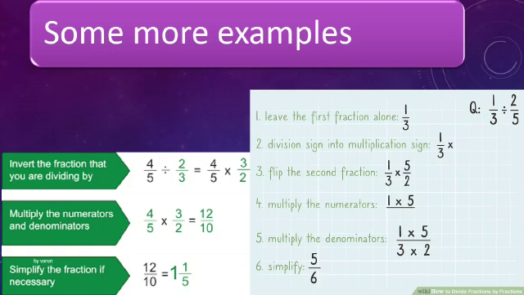When we have to change the division of fractions into multiplication, we have to change the fraction after that into its reciprocal, and for that we are going to write 2 by 3 as 3 by 2, and the result is 4 by 5 into 3 by 2. Now we are going to multiply it, that is equal to 12 by 10. Now this is an improper fraction, so we are going to change it into a mixed fraction.